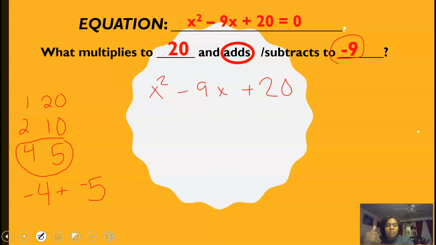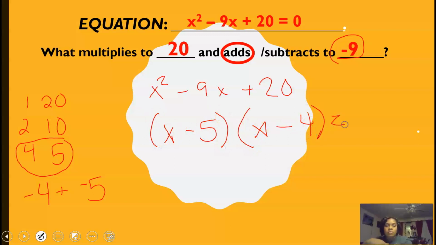So the factored form of this equation will be x minus 5 and x minus 4 equals 0. So in order for this to equal 0, my x here might be positive 5, and my x here might be positive 4. And it'd be 5 minus 5, 0, 4 minus 4, 0, which would equal out to 0. That's what it is.